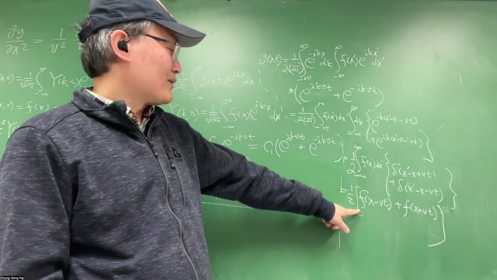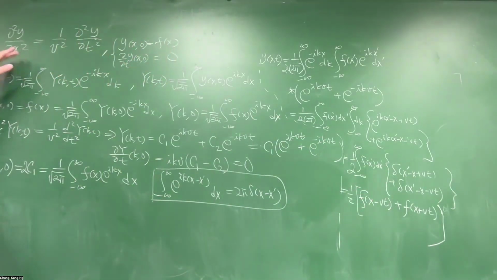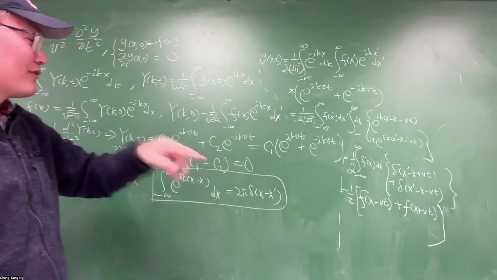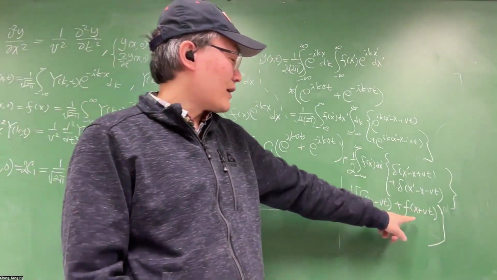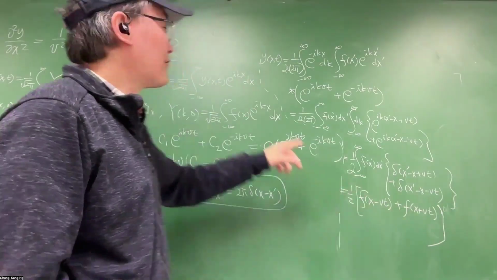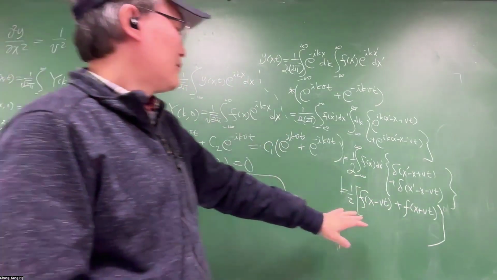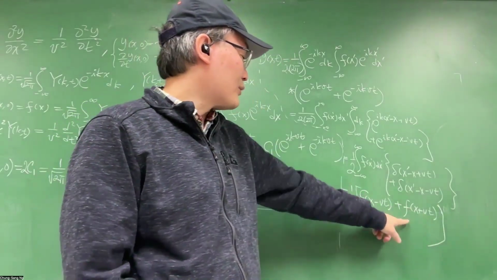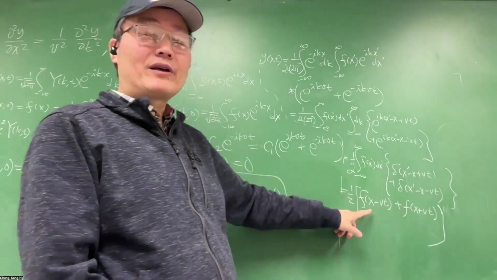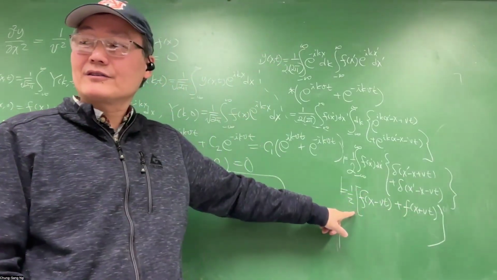You can guess that because when you learn about the wave equation, you know that any function of the form with argument x minus vt or x plus vt is a solution of the wave equation. And you put it this way so that at t equals 0, you add them up to go back to f as a function of x, because each one gives you half of f of x.